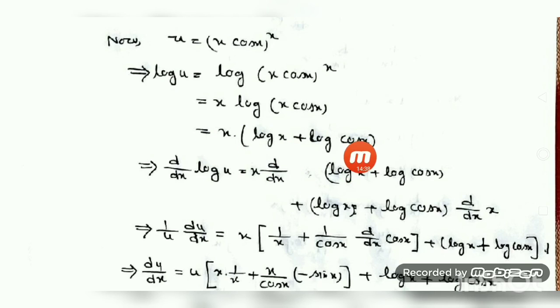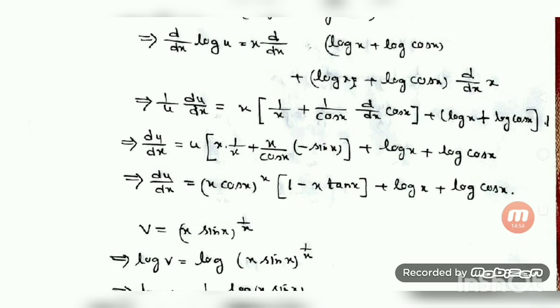Now after simplification, it's a product of two functions: one is x and the other is this expression. I take the derivative on both sides. d/dx of log u is 1/u du/dx, equal to the first function times the derivative of the second function plus the second function times the derivative of the first function. d/dx of log x is 1/x, and d/dx of log cos x is 1/cos x times d/dx of cos x.